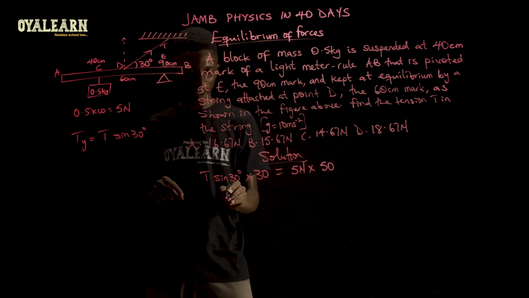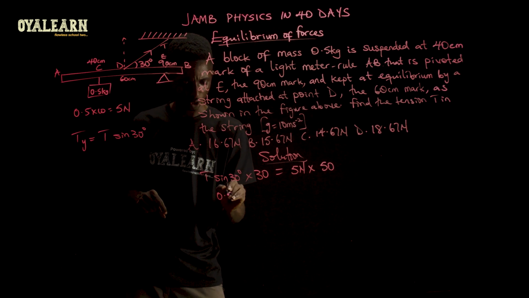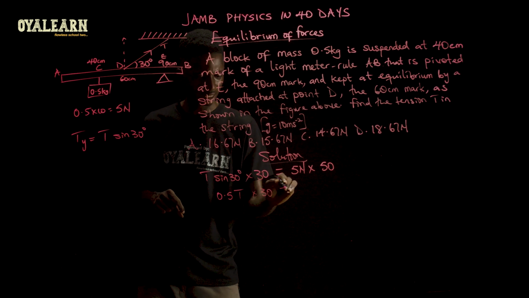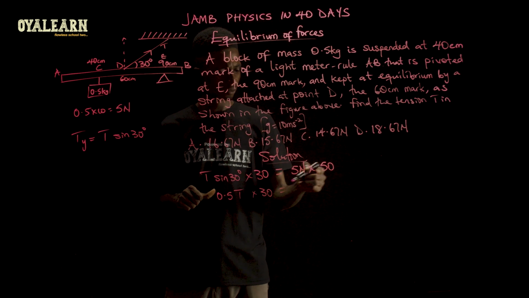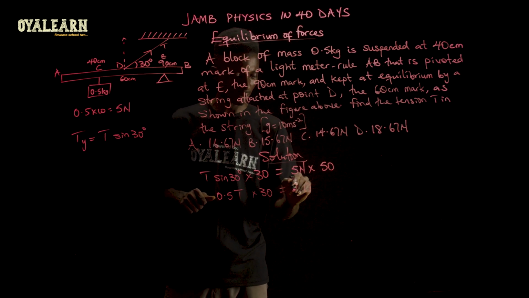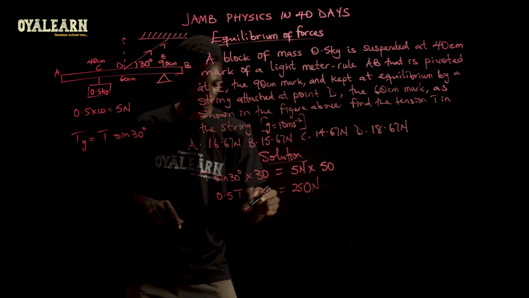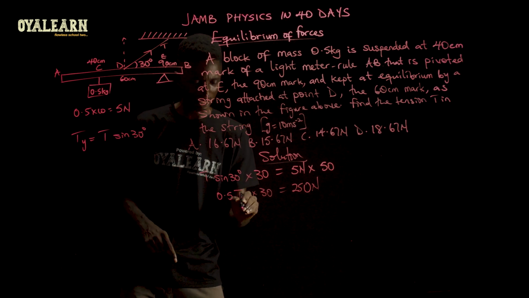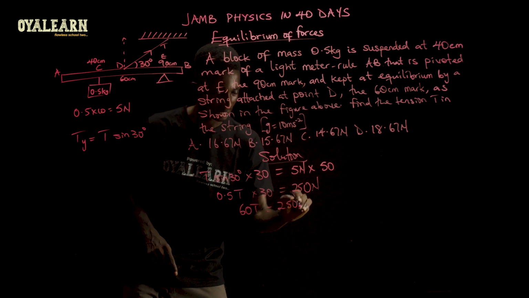Now from here we can say that sine 30 is 0.5. So 0.5 T multiplied by 30 equals, what do we have here? 5 times 50, that is 250 Newton-centimeters. And when we multiply 30 times 0.5, that gives us 15. So 15 T equals 250.